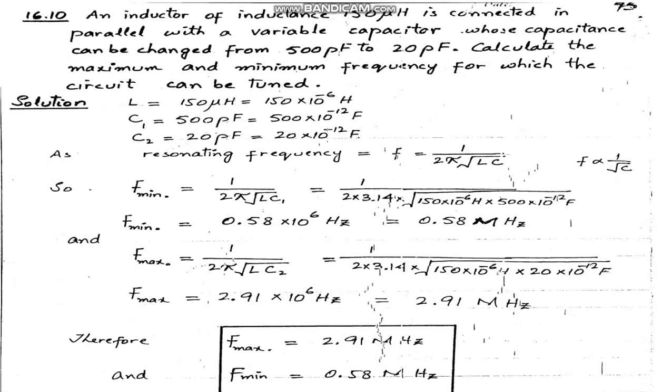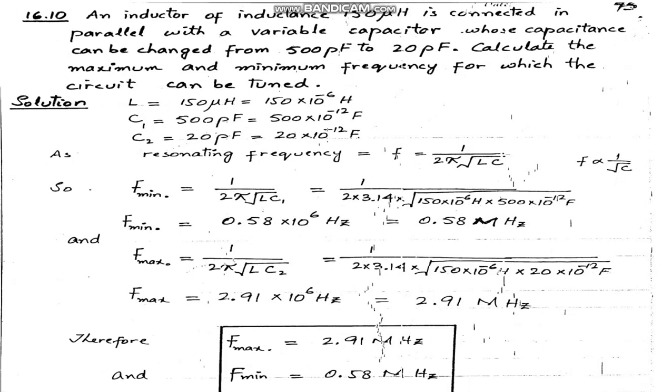We put the values in here: 1 over 2 multiply 3.14 multiply under root 150 multiply 10 to the power negative 6 multiply 500 multiply 10 to the power negative 12. By using calculator, F minimum is equal to 0.58 multiplied 10 to the power 6 Hertz, or we can write 0.58 megahertz.